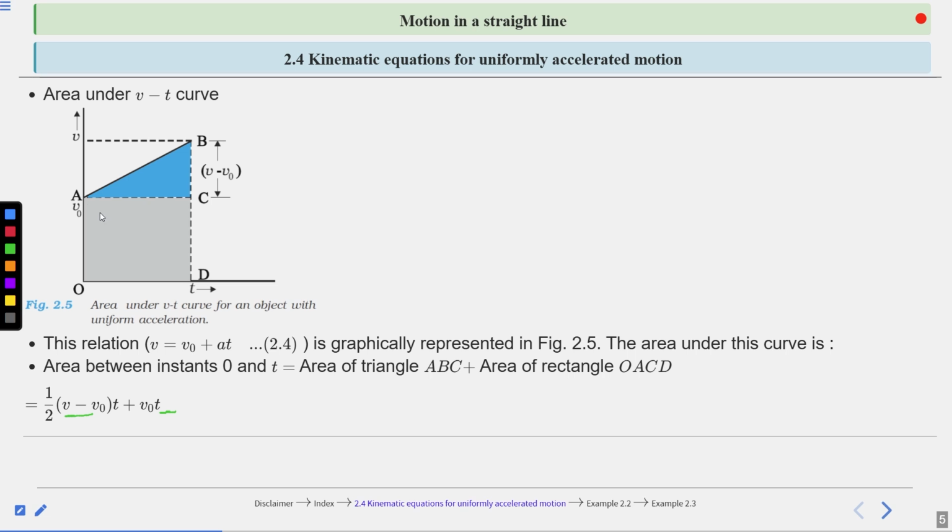If we talk about the area of the rectangle, v naught is the height and t is the breadth, so v naught t.